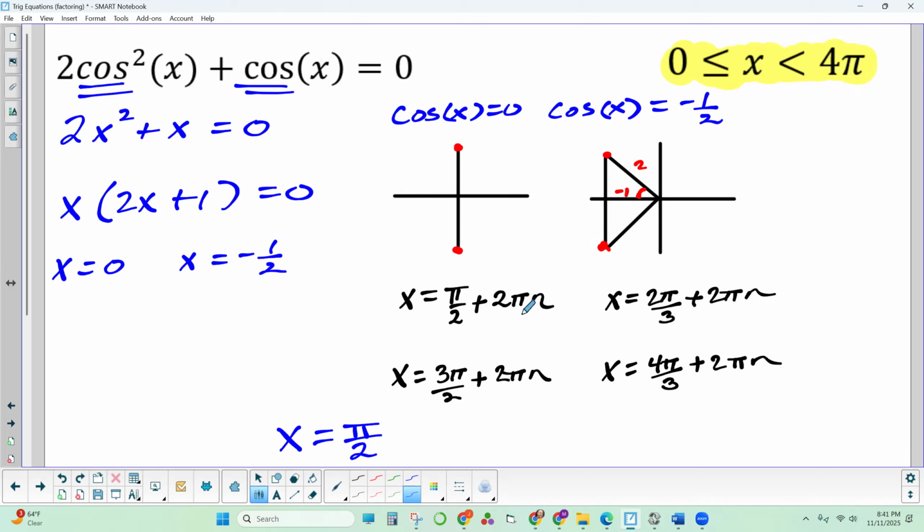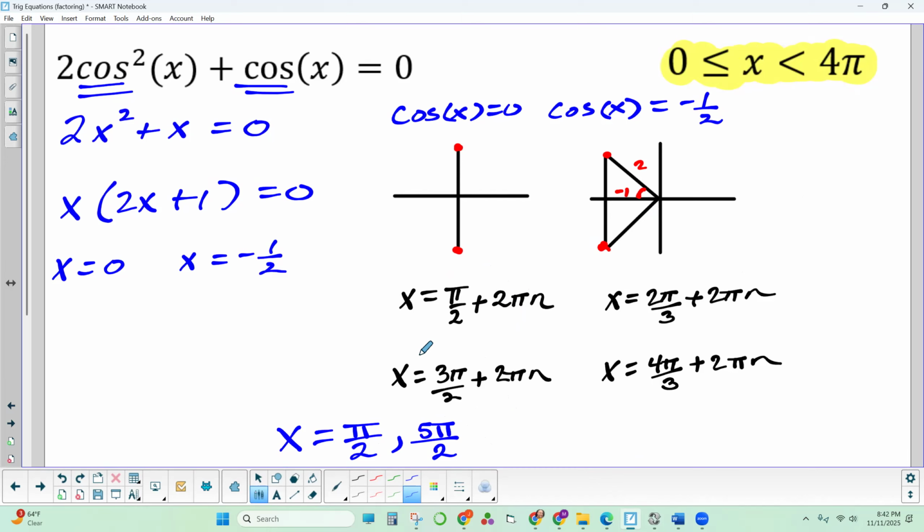So by adding 2 pi, I get 5 pi over 2, and 5 pi over 2 is within my interval. And then if I add another 2 pi, that is going to exceed 4 pi, so I'm not going to add another angle.